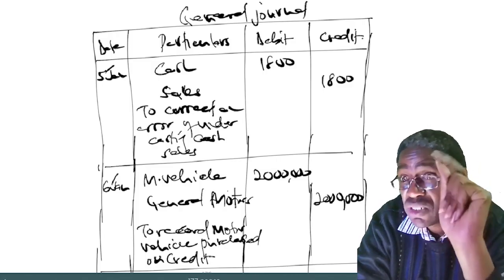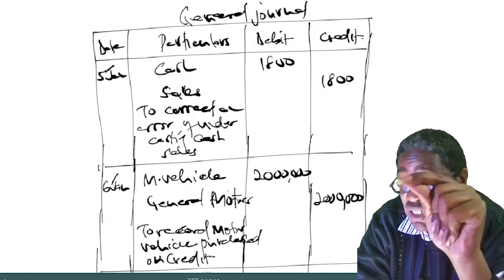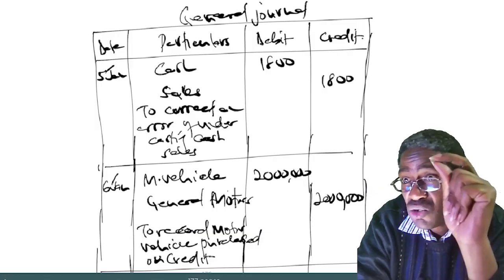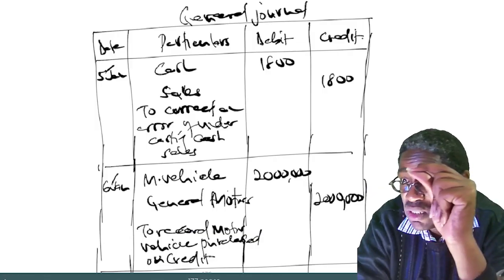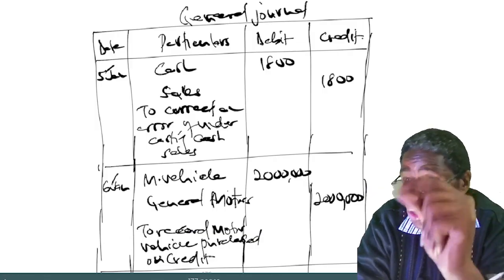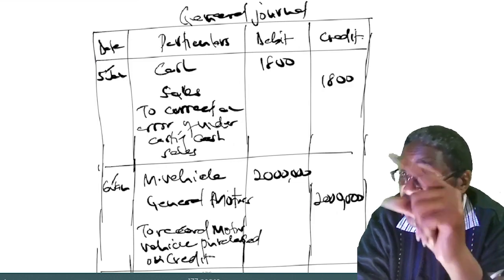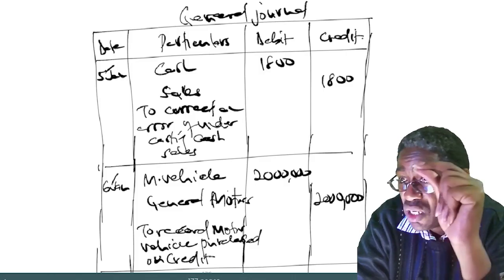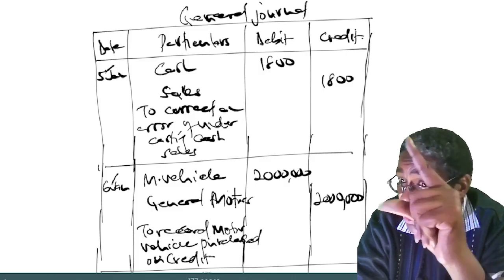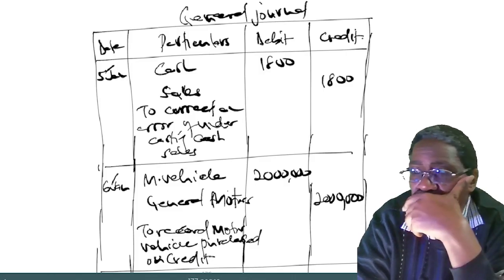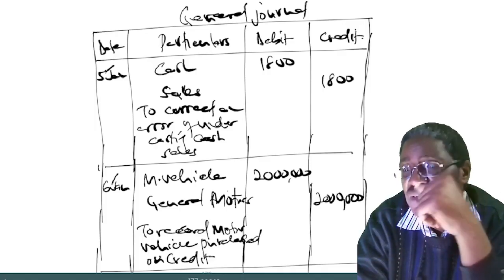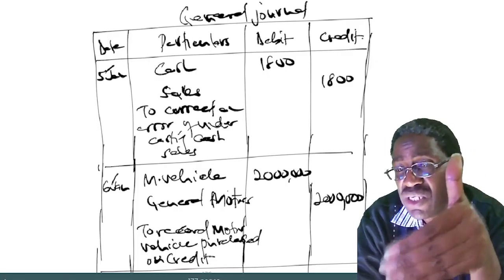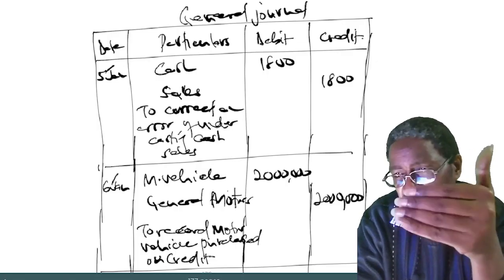To correct it, you debit cash again by the difference of 1,800. You credited sales by 200 instead of 2,000. To correct it, we are saying go and increase the 200, make it 2,000. That's what we have done. Then there you can write, to correct an error of undercasting cash sales.